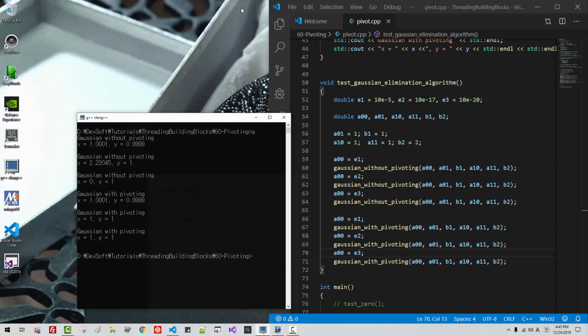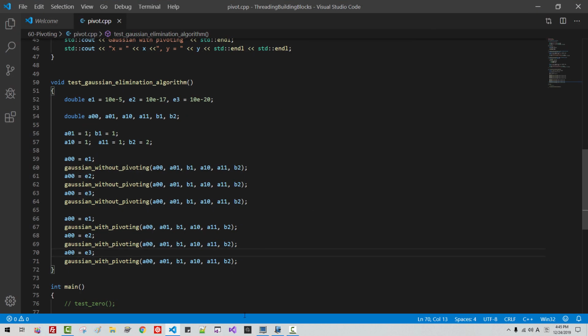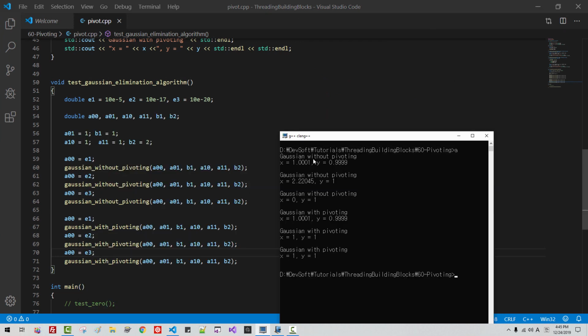I will maximize it. Gauss without pivoting: when E1 is 10e minus 5, the result is x almost 1 and y almost 1, so this is correct.